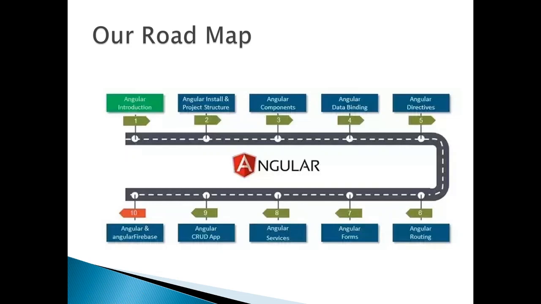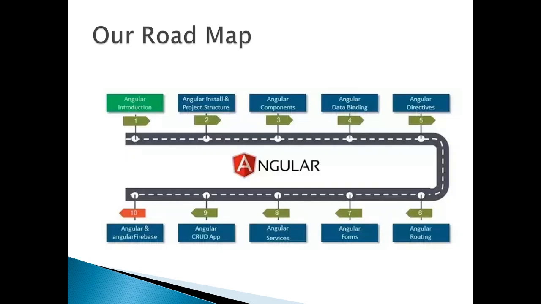of Angular work together. Then we will see components in the next lecture, and how data binding is done in these components. And then we will study directives, decorators, Angular routing, forms, services, and so many other concepts like dependency injection, reactive programming, and observables, which you may have heard before.